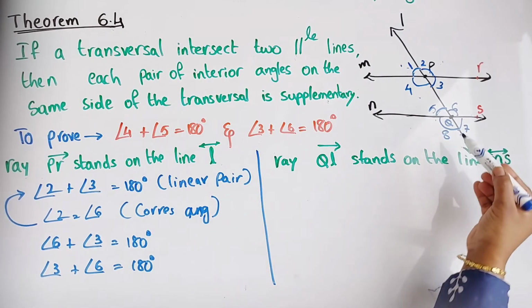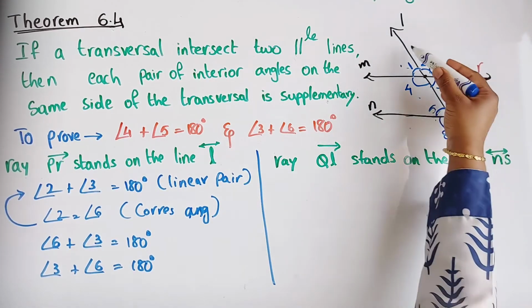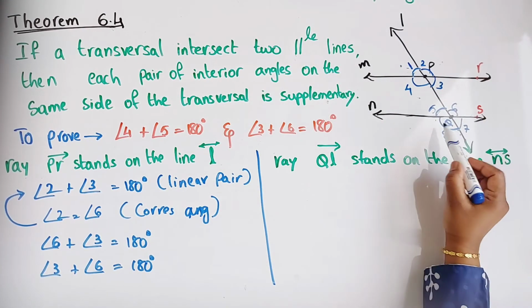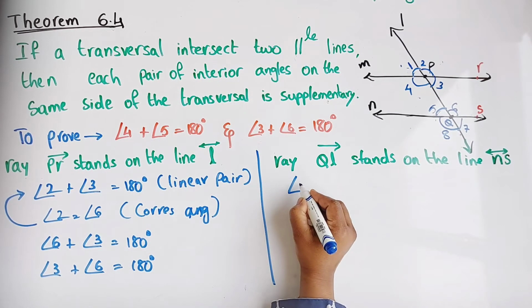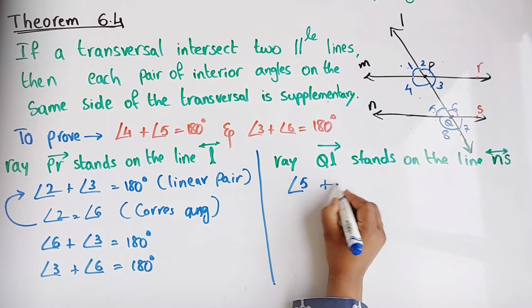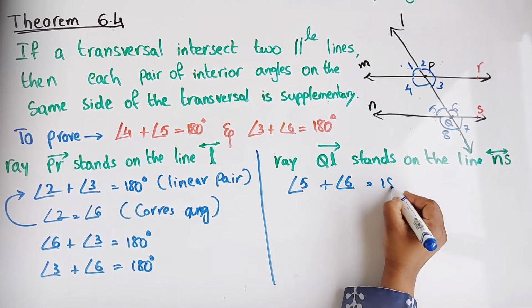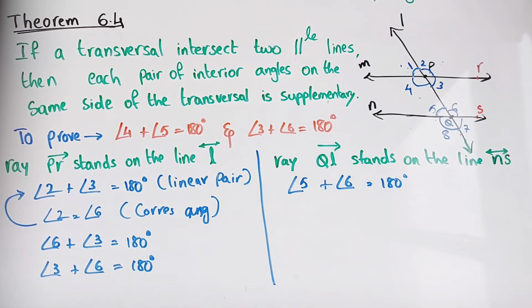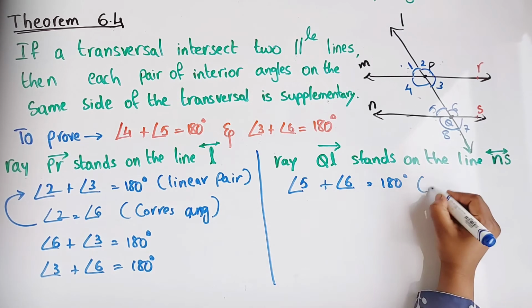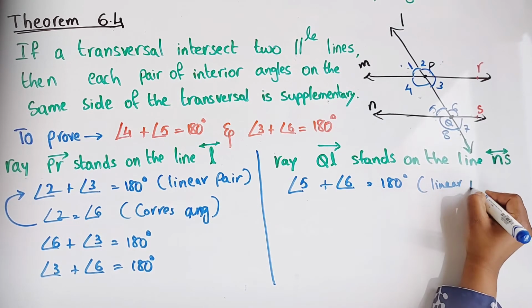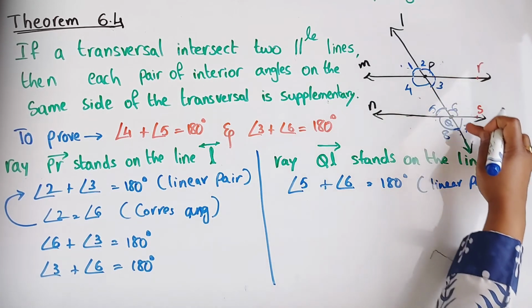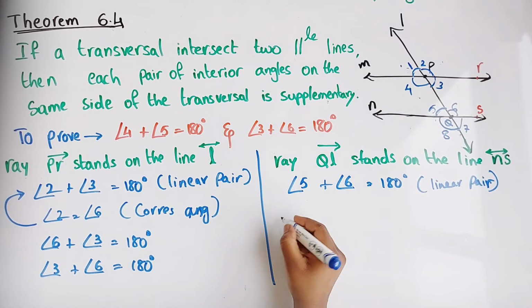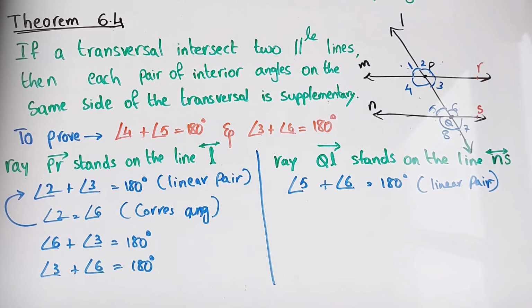Here you see ray QL stands on the line NS, children. So, we can see a linear pair here. That means I can write angle 5 plus angle 6 equal to 180 degrees. Correct, because linear pair. Here also ray PQ stands on the line MR. That also I am writing.